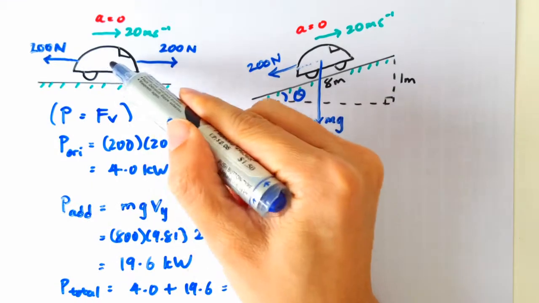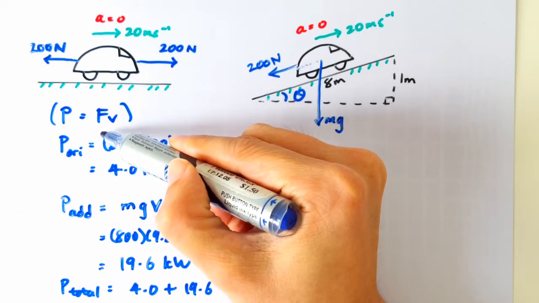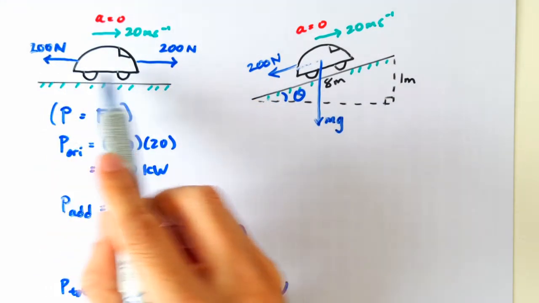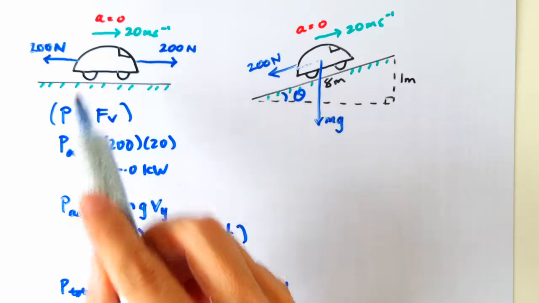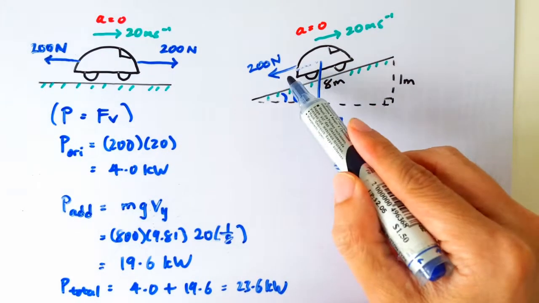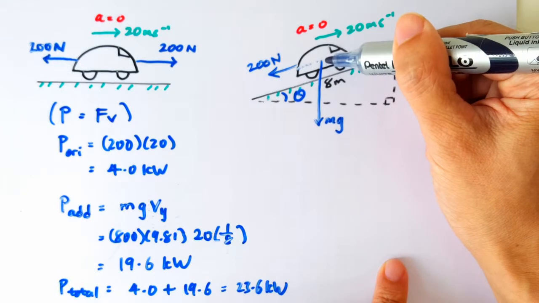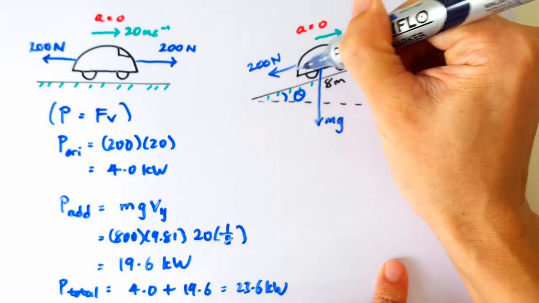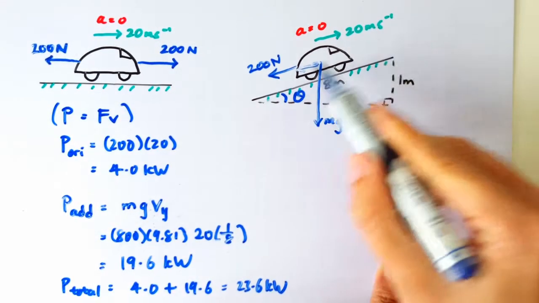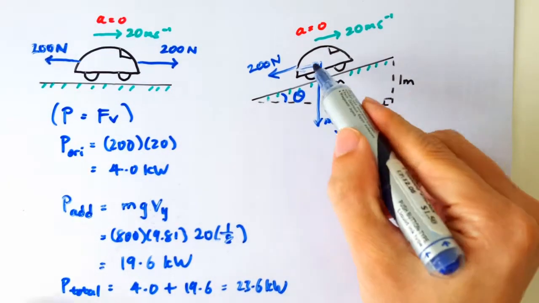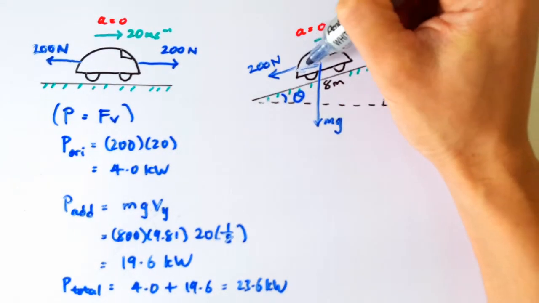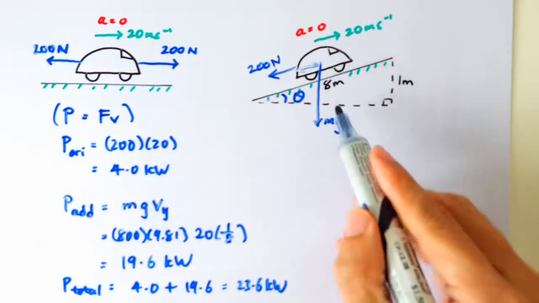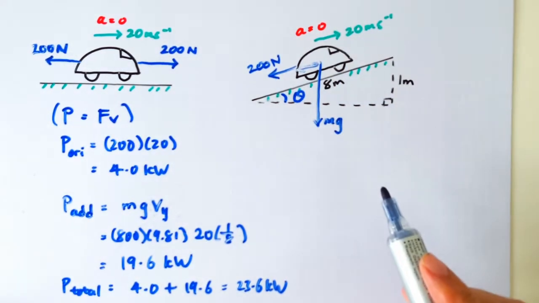Last time the gravitational force was downward, which has no horizontal component. Now because you are going at an angle up the slope, the vertical downward force of gravity actually has a component in the direction you are traveling. What is this component? It's actually mg sine theta.